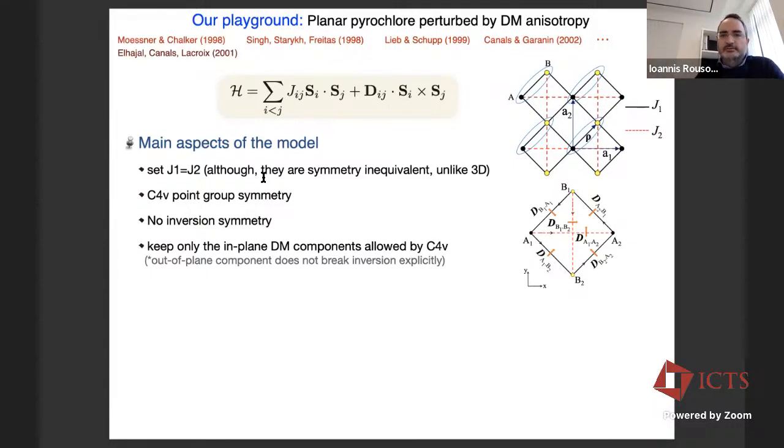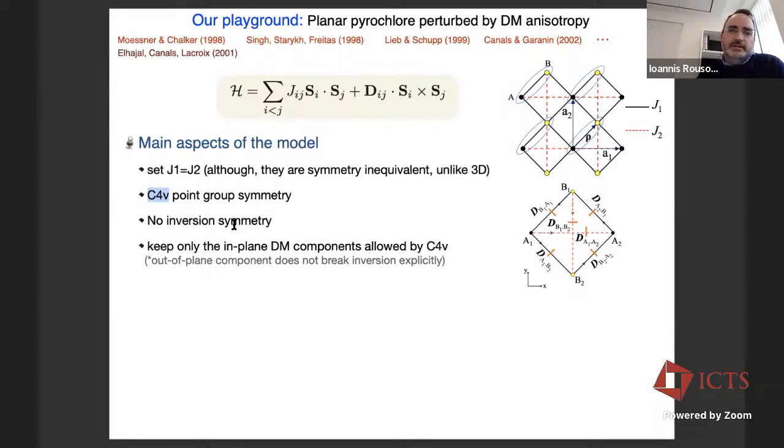But nevertheless, I want to stick to the idea that I want a highly frustrated magnet to begin with. So I artificially put J1 equal to J2. I'm going to keep the most general point group symmetry, and that's the C4v point group symmetry with rotations around the centers of these tetrahedra or crossed plaquettes.